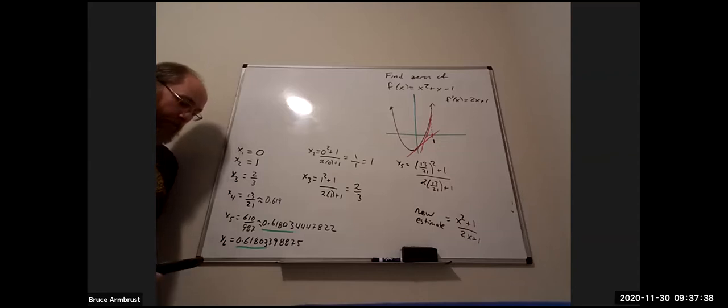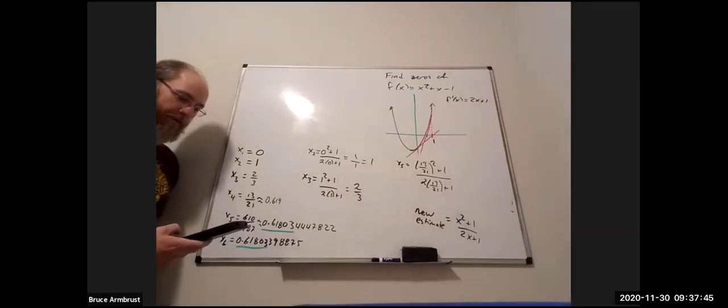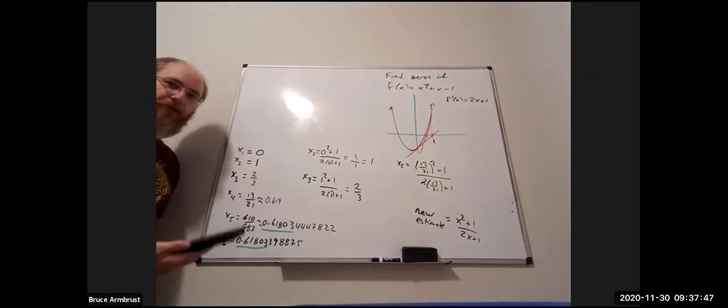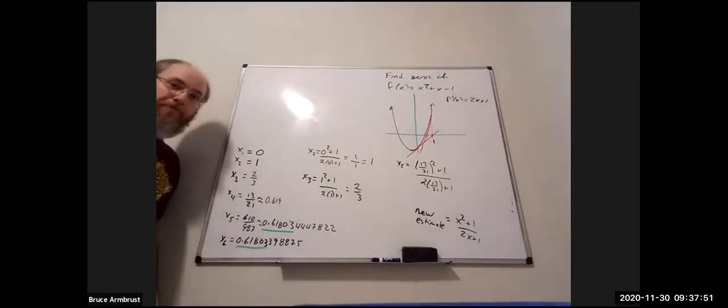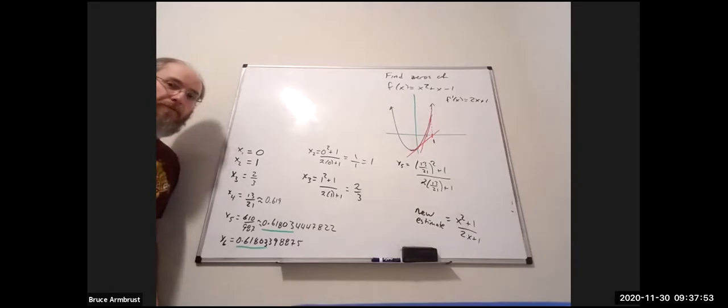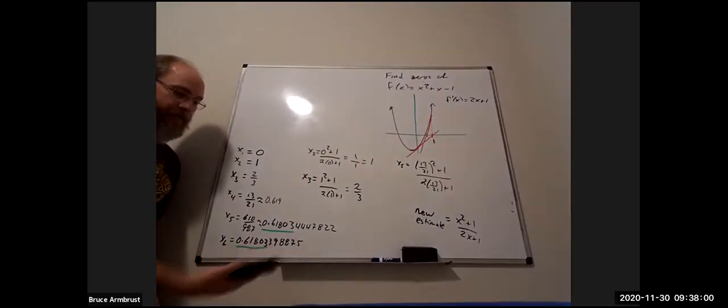But if you wanted more precision, you would do it again. Well, let me just do it again real quick. And just so you know, I got exactly the same number for x7 on my calculator. Oh, that's relieving. Meaning that we're at least good out to this decimal spot.